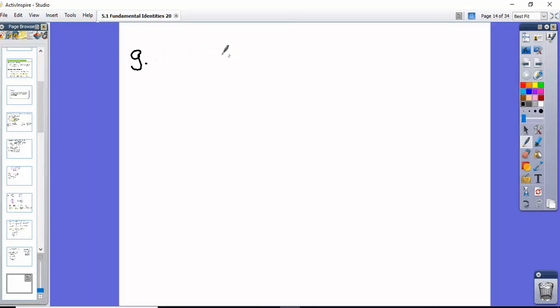Last one. So this one is very similar to the first example that we did. The first example, we started out by changing everything to sines and cosines and simplifying. But I want to try this one differently.